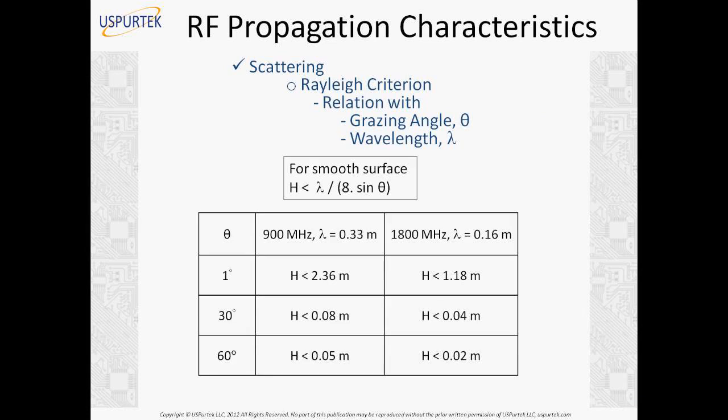Now there is a relationship with the grazing angle theta. The grazing angle is the angle at which the RF wave is incident on the surface. Here in the table, there are some interesting observations. At a specific frequency, like 900 megahertz, if you increase the grazing angle, the h reduces. For 60 degrees, it's only 5 centimeters.